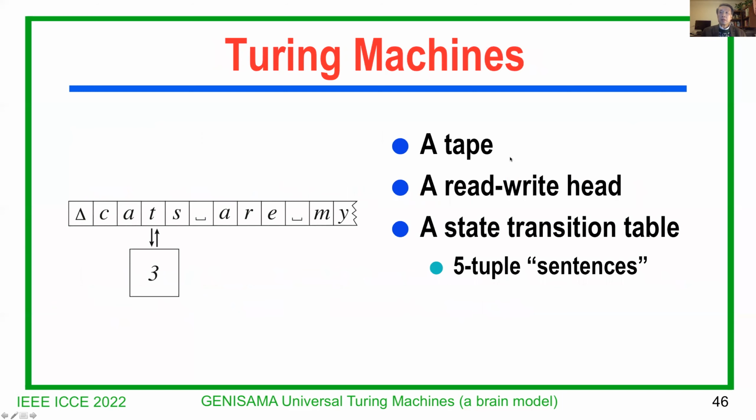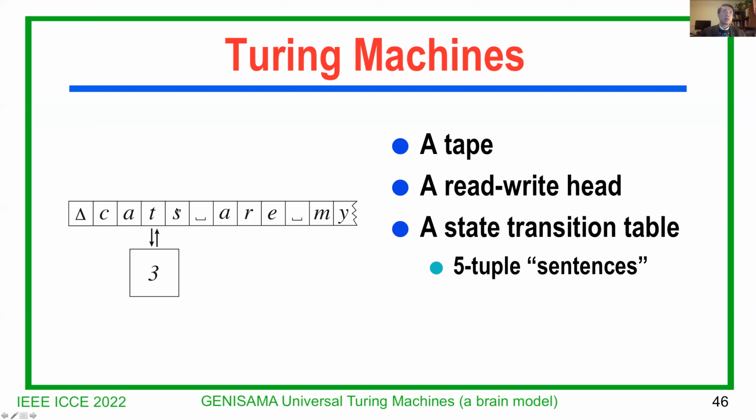Let's review the Turing machines. There are many different kinds of Turing machine, and this figure gives you an example. You have 3 components. The first is a tape, which carries a sequence of cells.